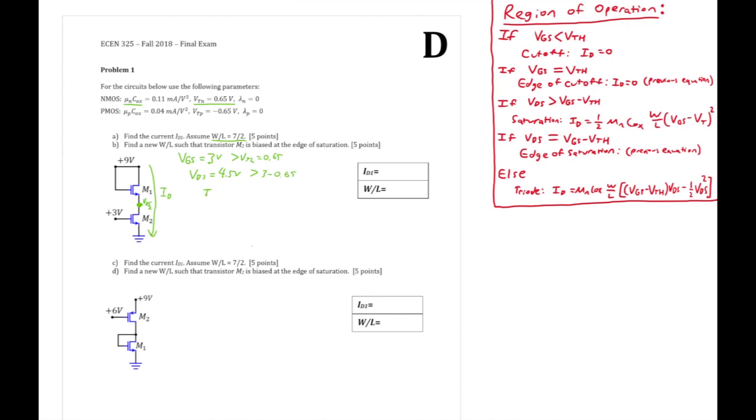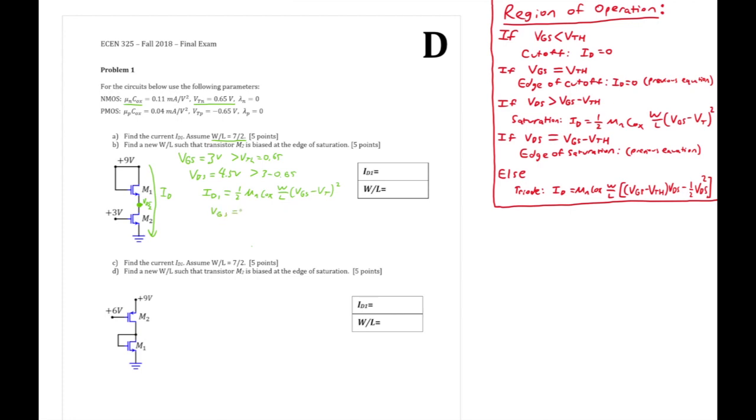And so to find ID, or ID1, we use the equation 1 over 2 mu n COX W over L times (VGS minus VT) squared. And now we just plug in our values.